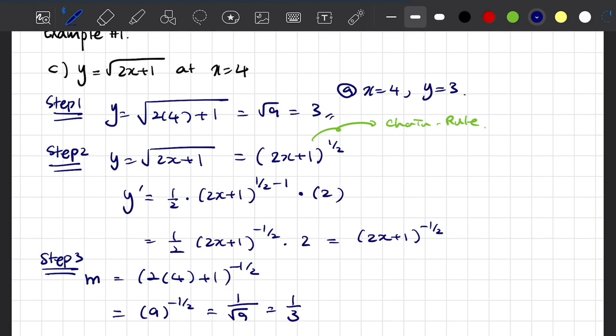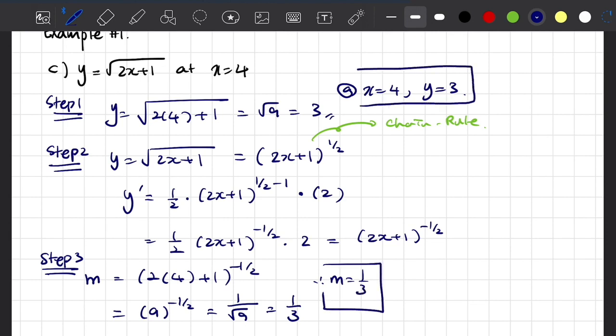Okay, then we have found out that the m value is equal to 1/3, and when x is equal to 4, we have y equal to 3. Then using the equation y minus y1 equals m times x minus x1, we can substitute all these values into this equation. Then we get y minus 3 equals 1/3 times x minus 4.